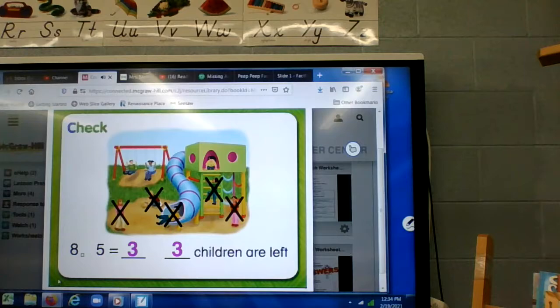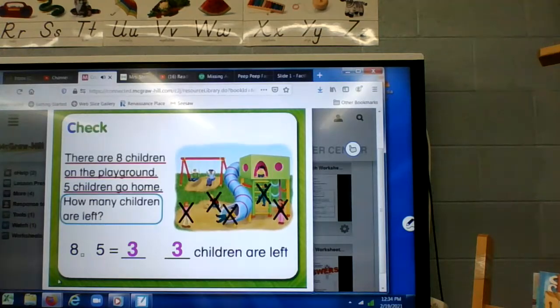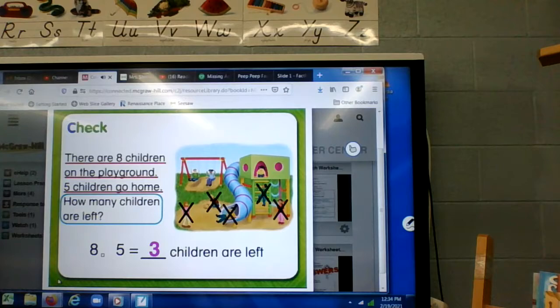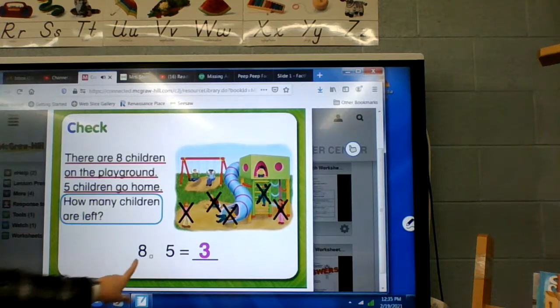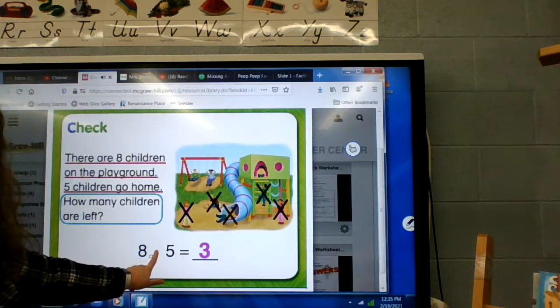Let's check the answer. We can look back at the problem. Did we find the information we needed in the problem? Yes. Did we write a number sentence to solve our problem? Yes. Did we subtract correctly? Yes.